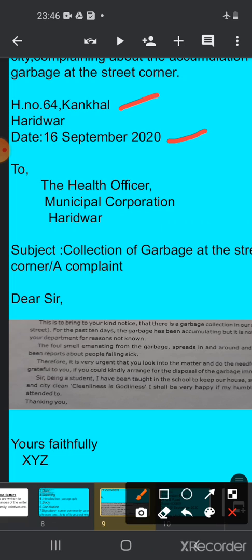Next is the receiver's address. To the health officer, Municipal Corporation, Haridwar. Next step is subject. Collection of garbage at the street corner, or the complaint. Next is salutation. Dear sir.